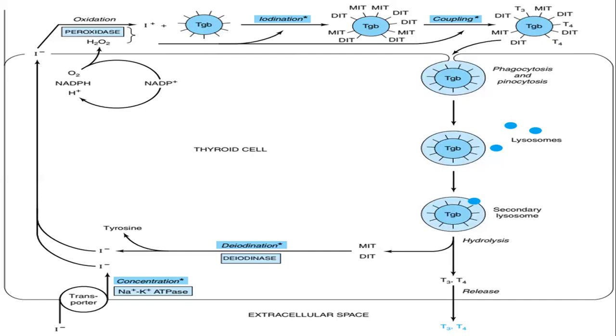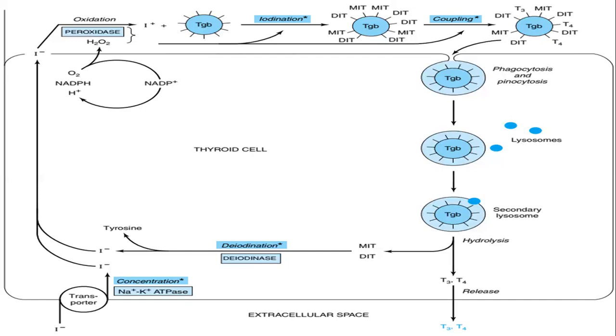Thyroglobulin is the major protein found in the thyroid cells. Once iodide binds to thyroglobulin, because thyroglobulin contains a lot of tyrosine amino acids, iodine will bind to tyrosine to form monoiodotyrosine.